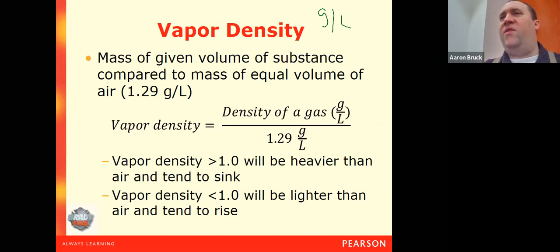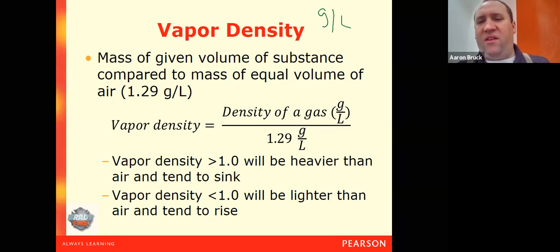And so if I looked at a particular gaseous substance like carbon monoxide or argon or helium, its vapor density would be taken by taking its density, whatever it is, and dividing it by the density of air, which is 1.29 grams per liter.